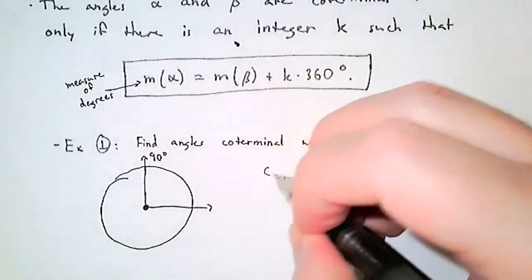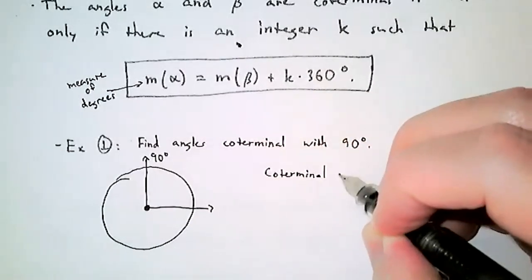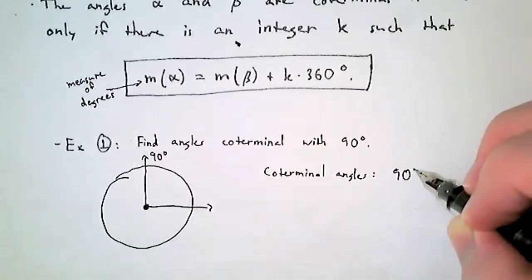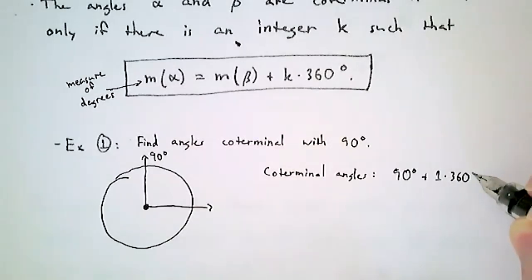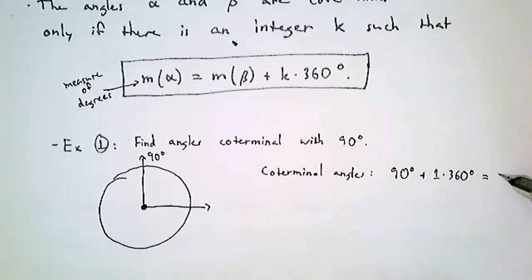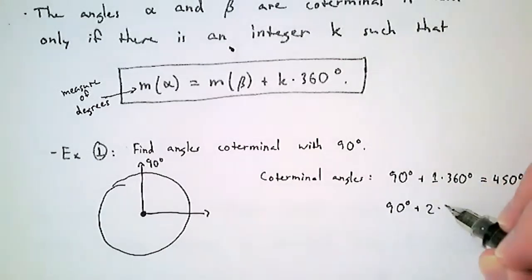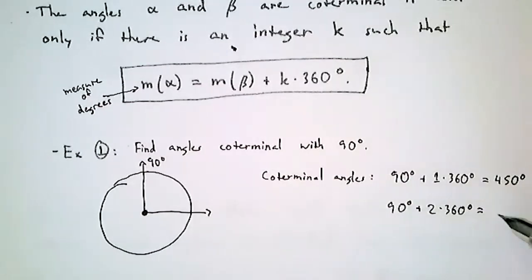So some coterminal angles could be 90 degrees plus 1 times 360 degrees. Just doing the quick math there, 90 plus 360 is 450 degrees. We could have 90 plus 2 times 360 degrees. So 90 plus 720 comes out to 810 degrees.